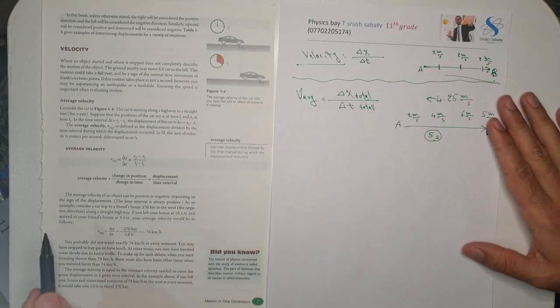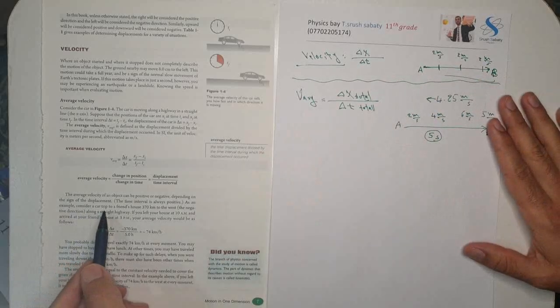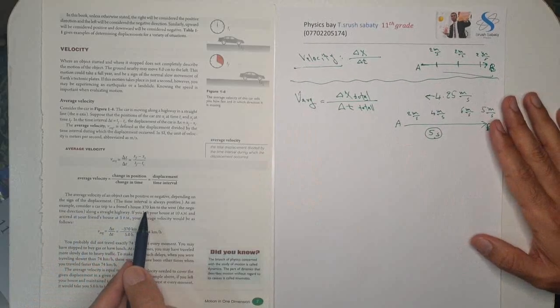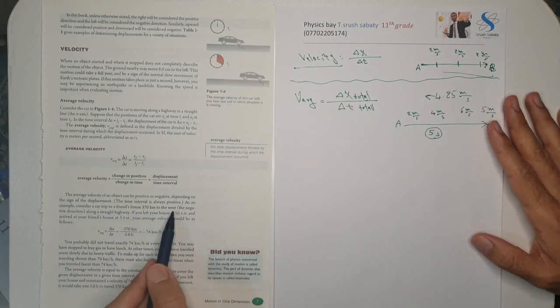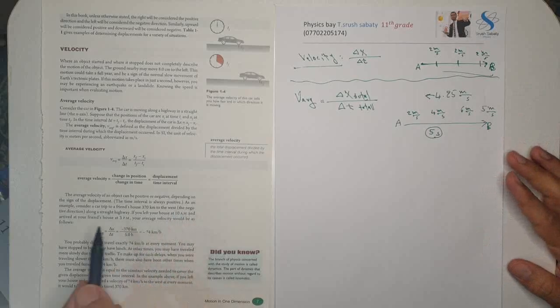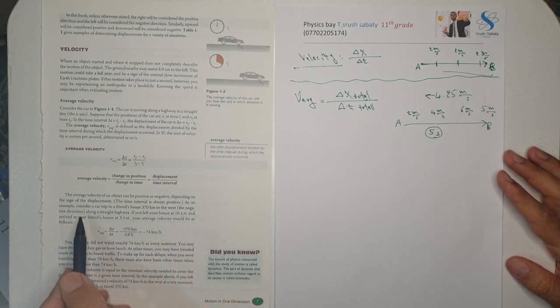Consider a car trip to a friend's house, 370 kilometers to the west. To the west means negative, a negative direction along a straight highway.